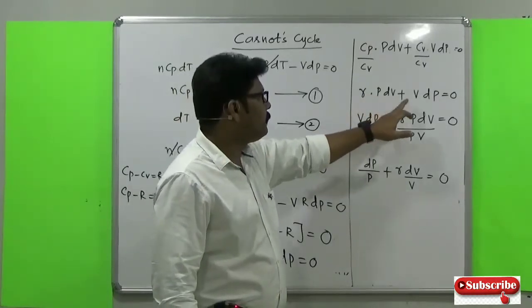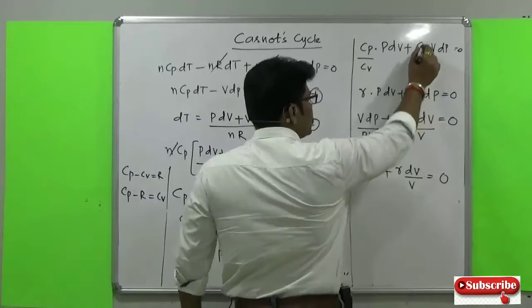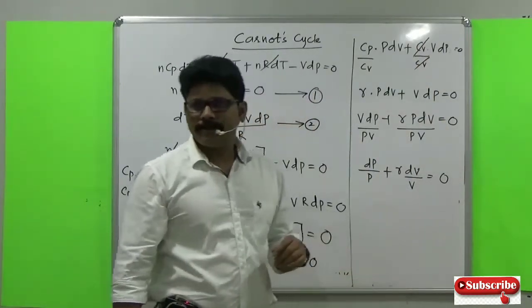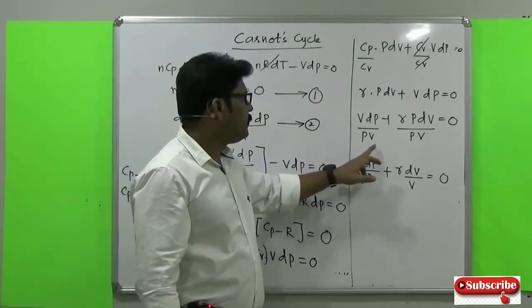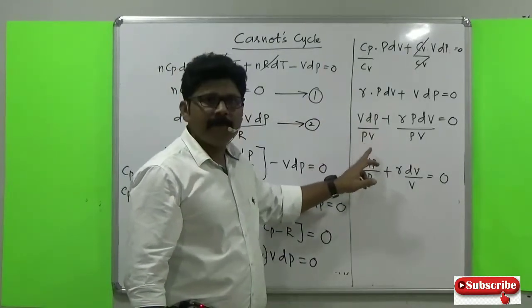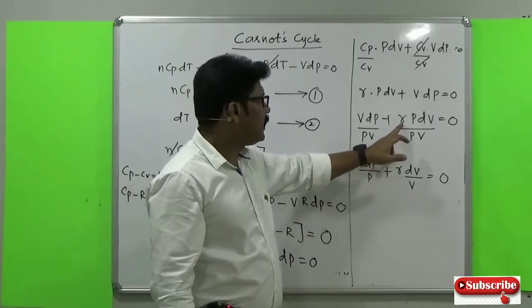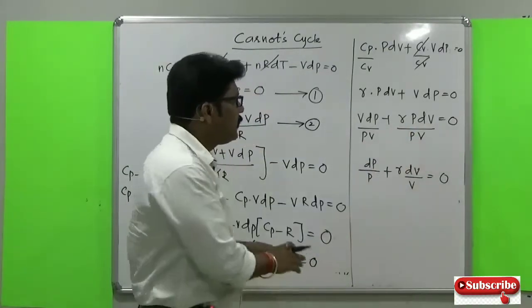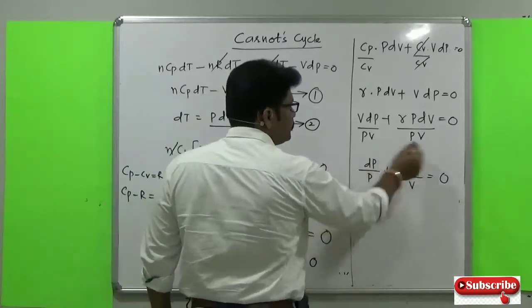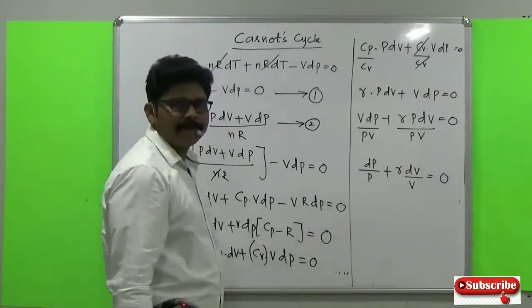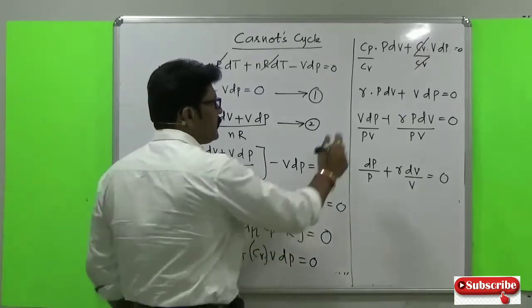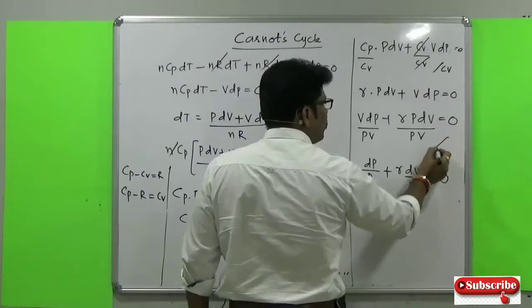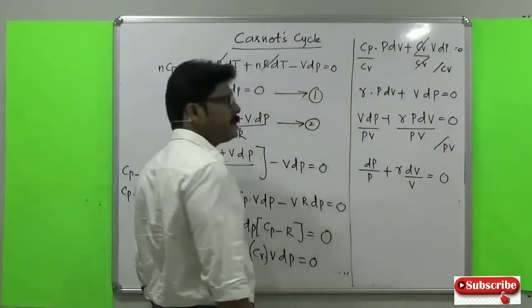P into dV plus ये दोनों कैंसल हो जाएगा, so V into dP is equal to 0. अब we are dividing with PV on both sides.